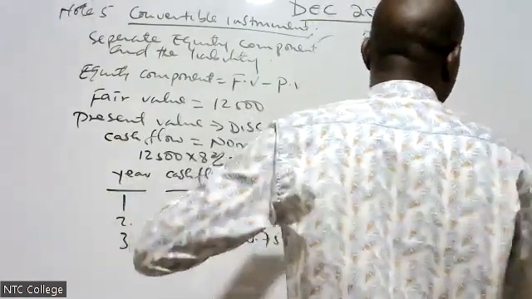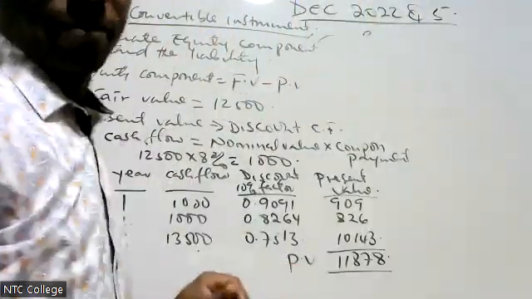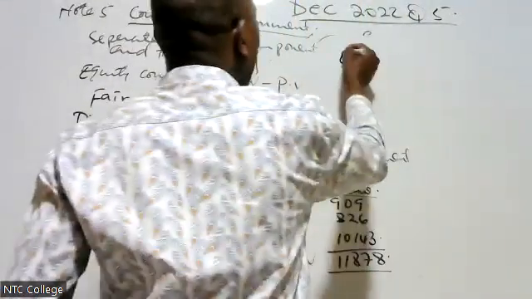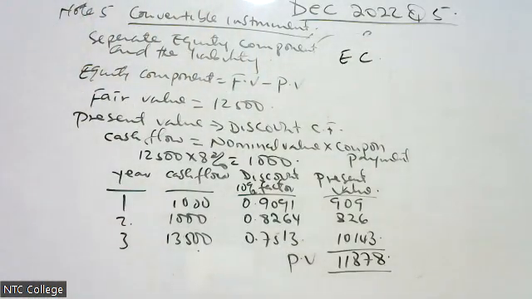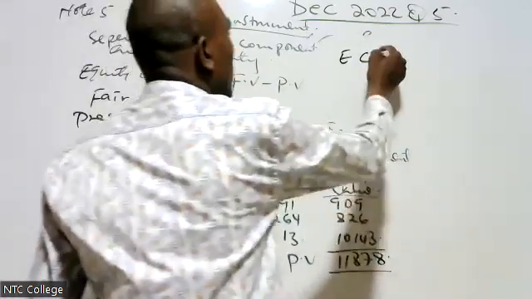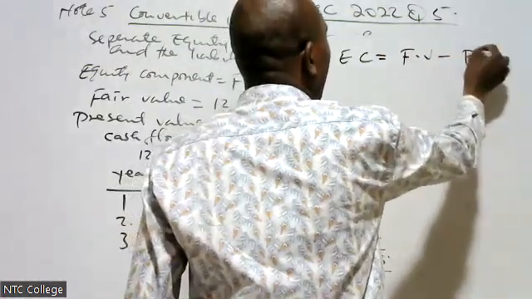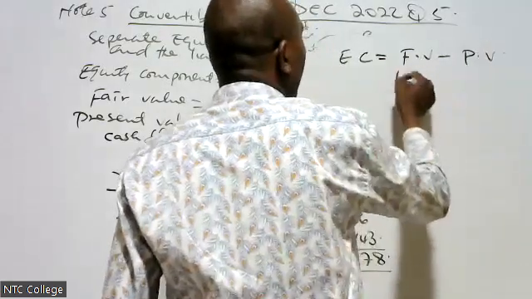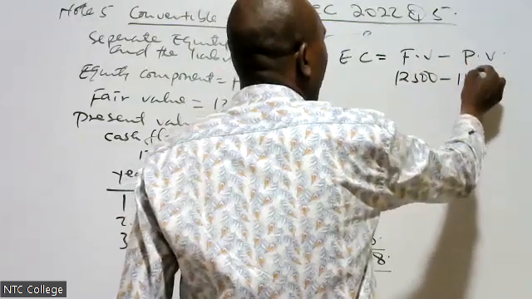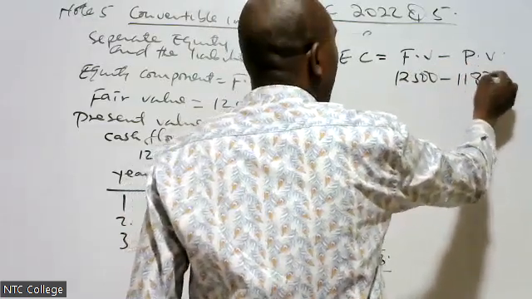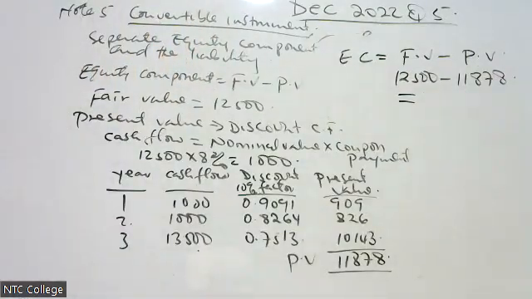The equity component, EC, equals fair value minus present value. Fair value is 12,500, present value is 11,878. You give me the equity component.